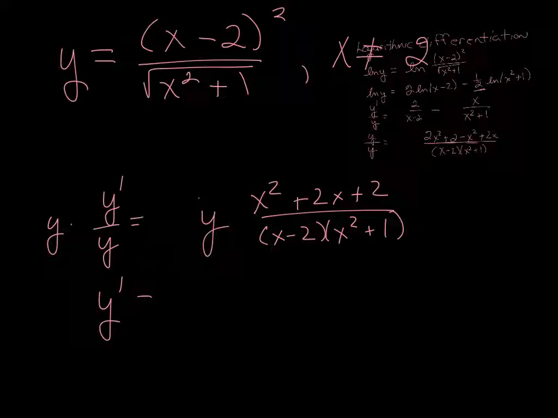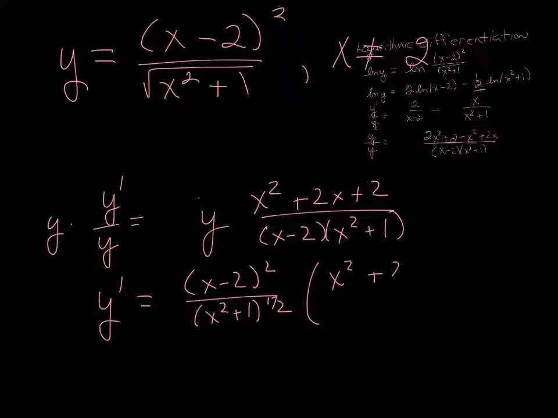Y prime is now equal to x minus 2 squared over x squared plus 1 to the 1/2 times x squared plus 2x plus 2 over x minus 2 times x squared plus 1.